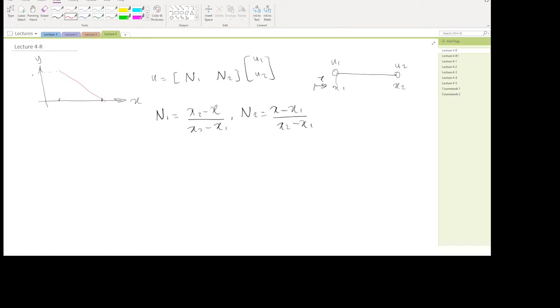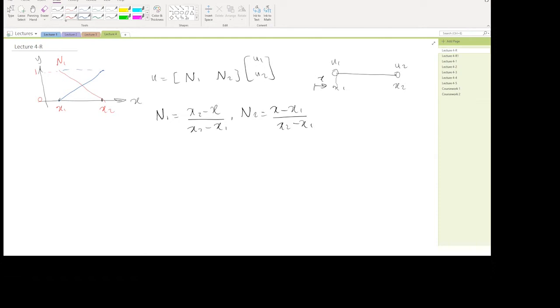The value of N1 is 1 at x1 and 0 at x2. So this is how the first shape function would look. And the second shape function would look like this. So it is 1 at x2 and it is 0 at x1.